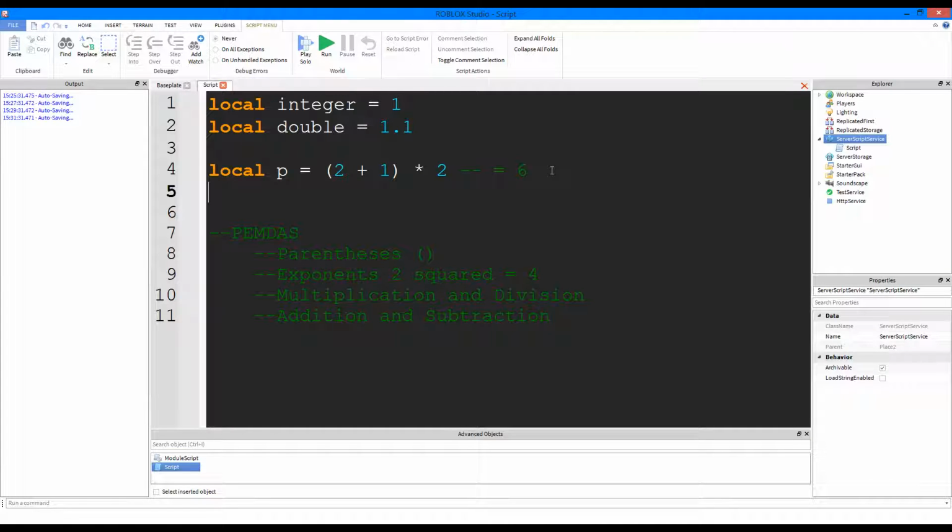Now exponent just means you put a number as the base, and then you give it an exponent, which is the number of times that number should be multiplied by itself. Okay, so local E for exponents, let's do 2 to the power of 3. So 2 to the power of 3 equals 8 because it actually equals 2 times 2 times 2, which equals 8.